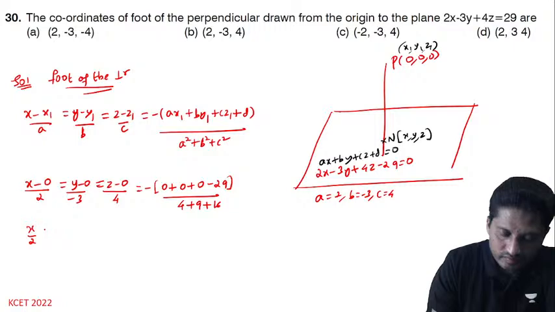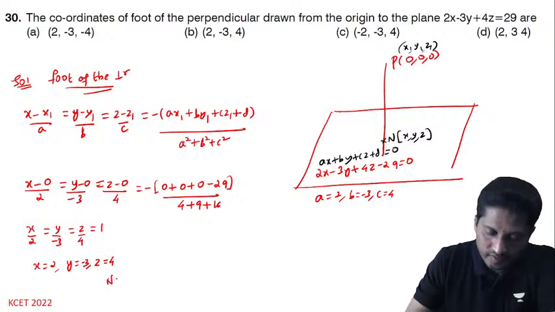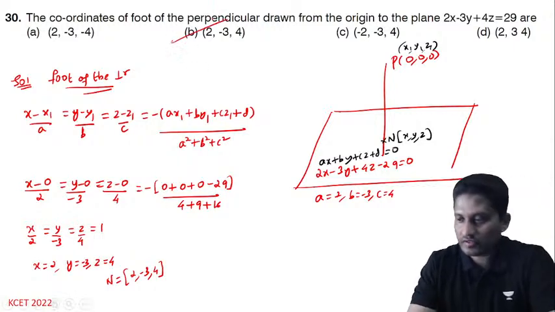So x by 2 is equal to y by minus 3 is equal to z by 4 is equal to 1. If I cross multiply, you will get x is equal to 2, y is equal to minus 3 and z is equal to 4. So foot of the perpendicular will be 2 comma minus 3 comma 4, answer is option B.